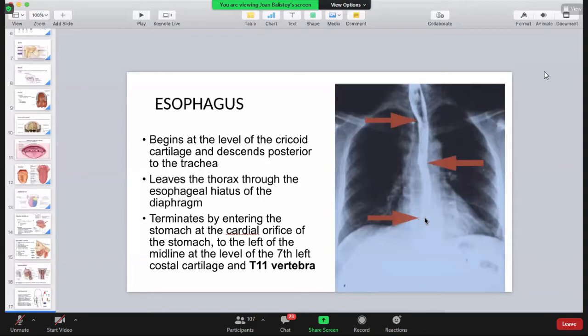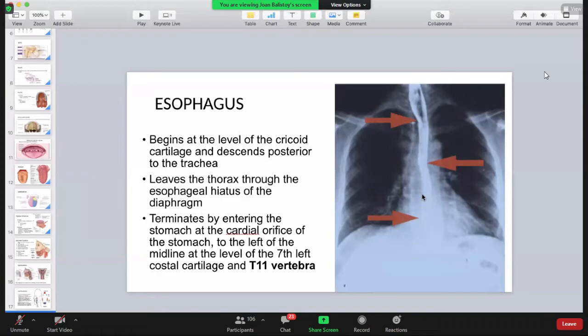The uppermost is by the cricopharyngeal, the second by the mainstem bronchus and the aortic arch, the third by the gastroesophageal sphincter. So those are the constrictions which are locations for obstruction in the esophagus.